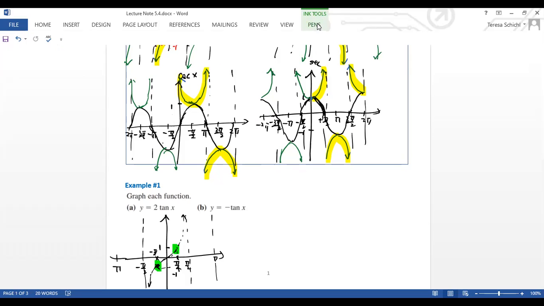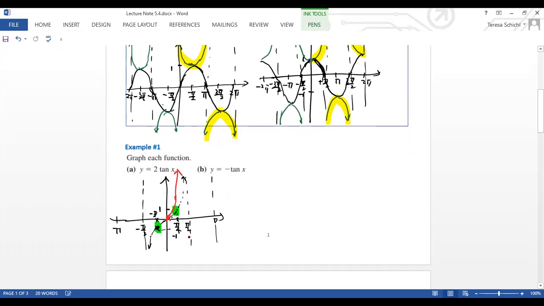So with 2x, that means I'm just multiplying by 2. When x equals 0, I'm still at the same point. When x equals pi over 4, it used to be 1, now I multiply by 2, so it's 2. So it's this point here, and my function will be like this. It is still going to approach the asymptote at pi over 2.